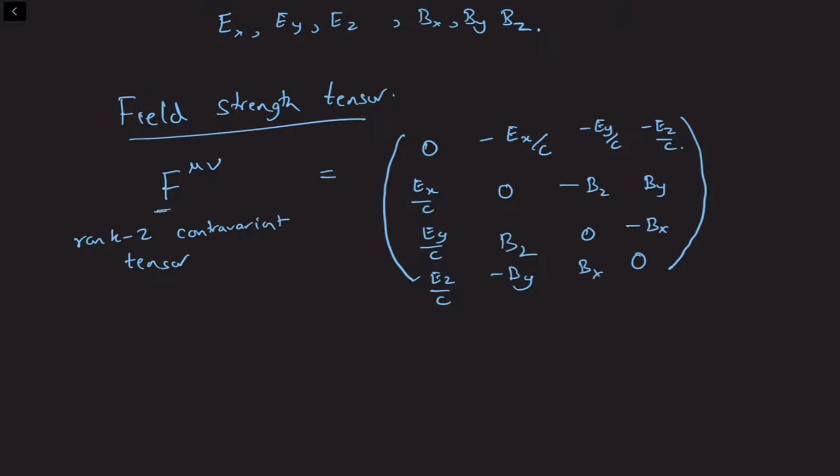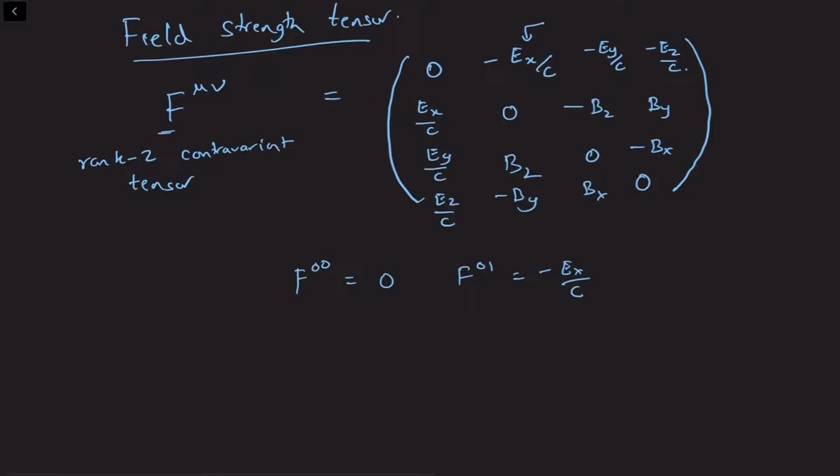What that means is, if I take F00, this is 0. If I take F01, that would correspond to this entry, which would be minus Ex by c, and so on. And the other thing that you'll see about this tensor is it's an anti-symmetric tensor.